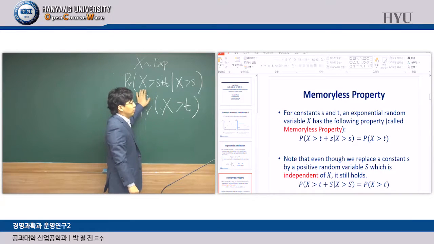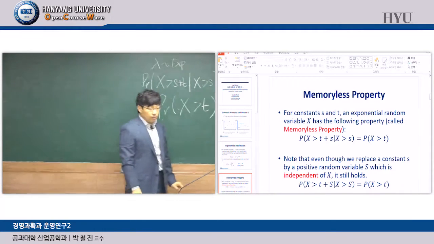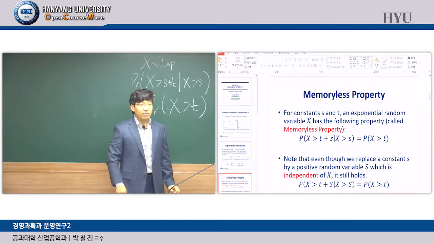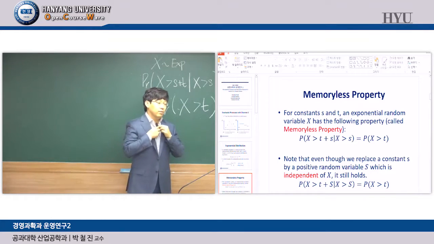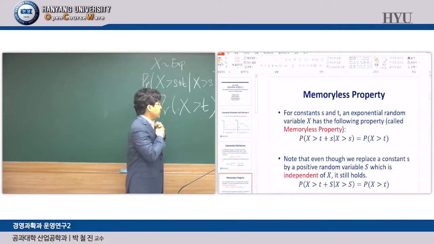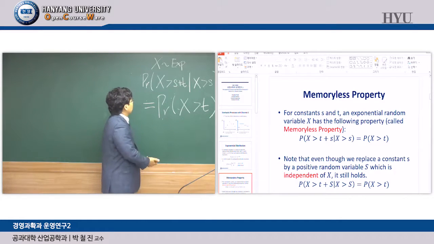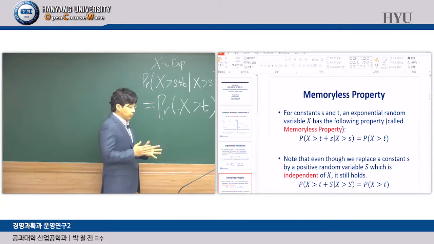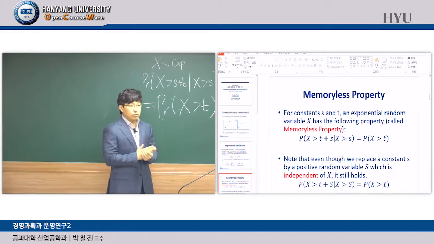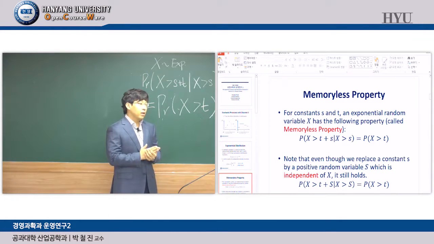We can interpret this with an example. When we consider the lifetime of a bulb, suppose the lifetime follows the exponential distribution with rate lambda 1, that means mean 1 year.